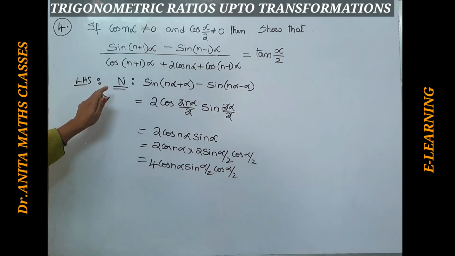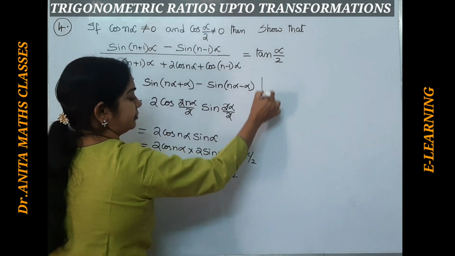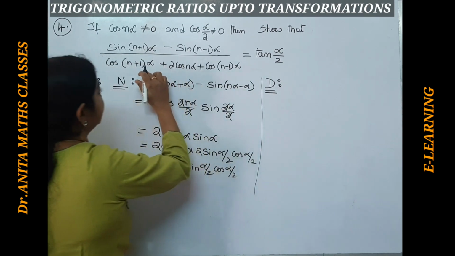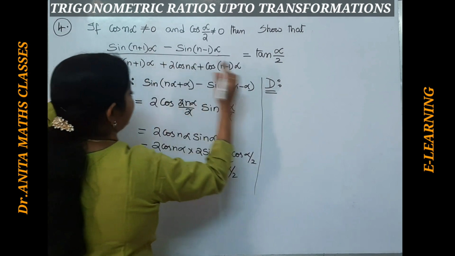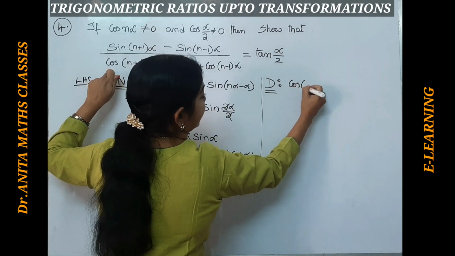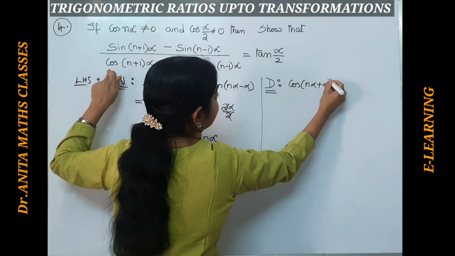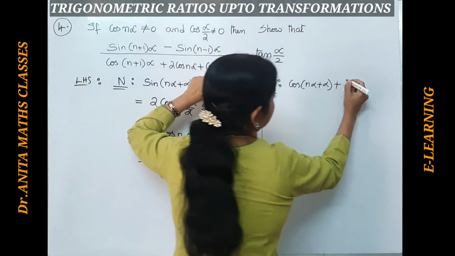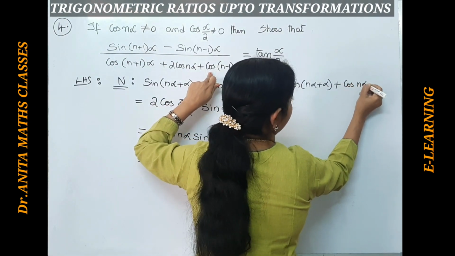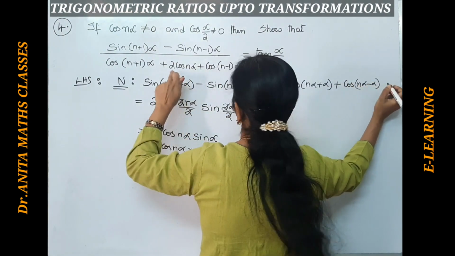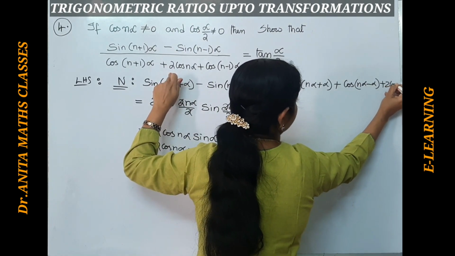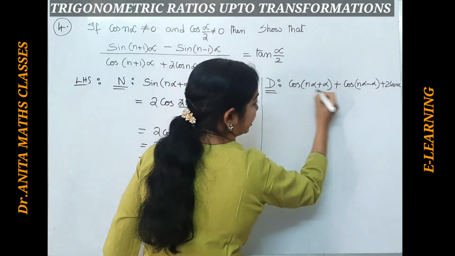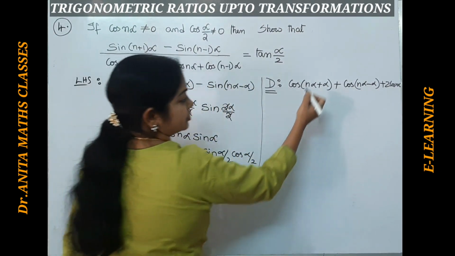Now let's see the denominator part. Taking only the denominator, the same way, this becomes cos (n alpha plus alpha) plus cos (n alpha minus alpha), and there is one more term, that is cos n alpha. Here we can apply the sum to product transformation.